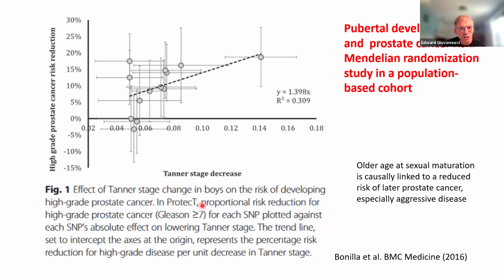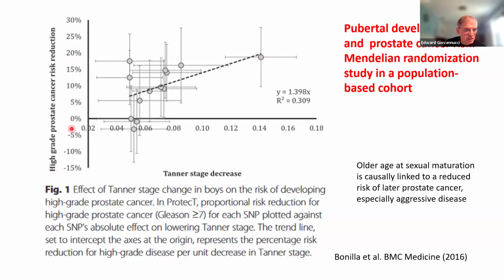But this was a Mendelian randomization study done about 10 years ago that showed pretty clearly that the later the onset of puberty, based on the genetic predisposition, the lower the rate of prostate cancer.